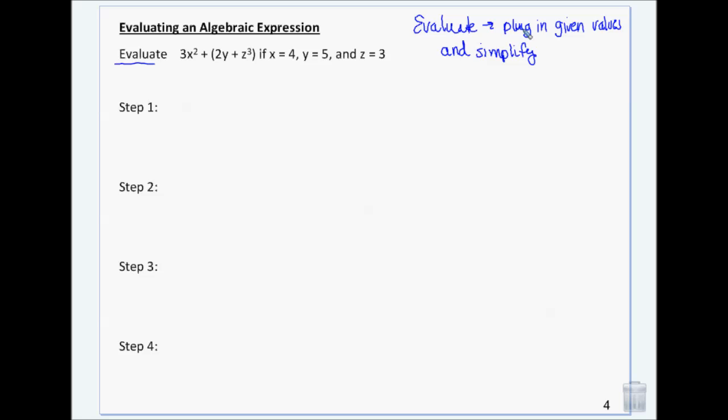Simplifying is to reduce things down to their smallest capable units. And then obviously solve is to find out what the variables equal. But we're not solving this because we're being told what the variables equal. So what we need to do is we need to plug in the given values.